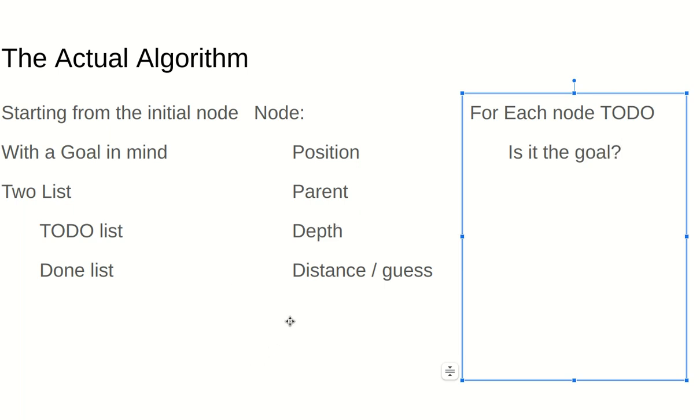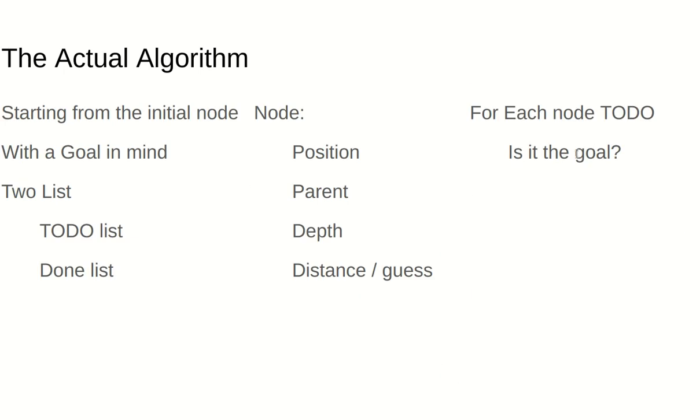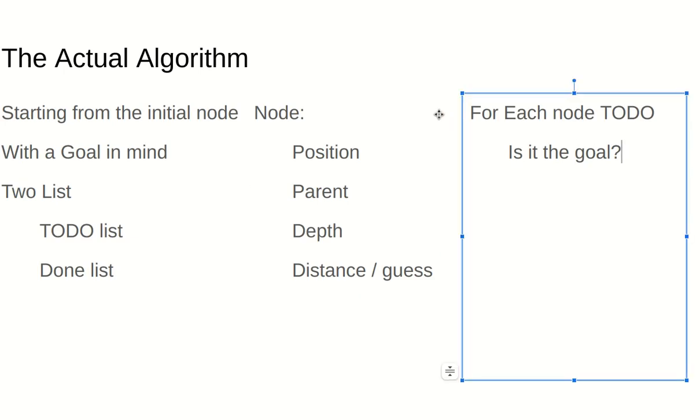And then what we do is we look at our goal, and since we keep track of our parents for each node, if I was at this tile, my parent tile, if I can click on it, would be this tile. And then its parent would be this tile, and so on and so on, back to how we were added to the to-do pile. If it's not the goal, add the node to the done list.